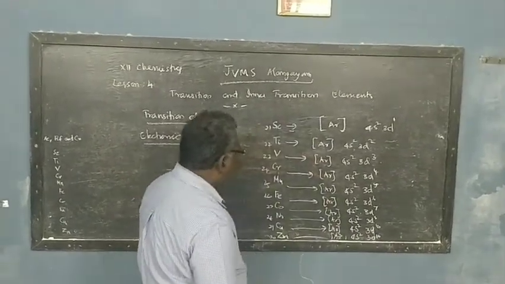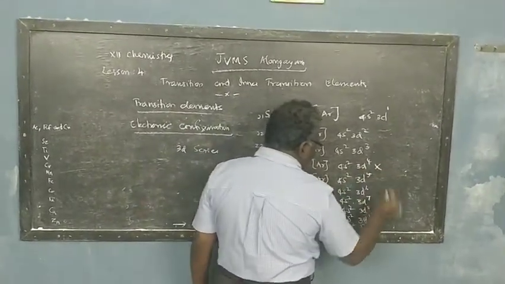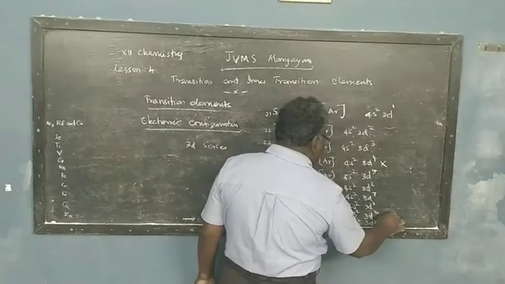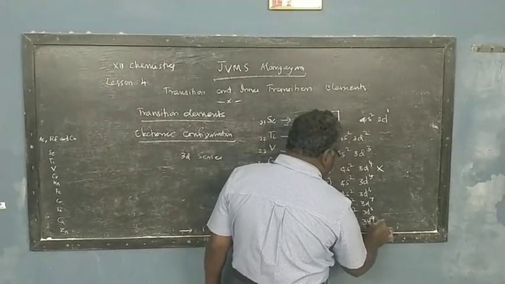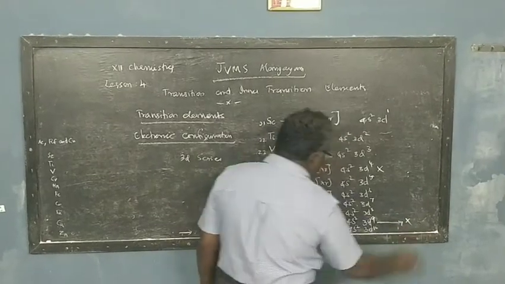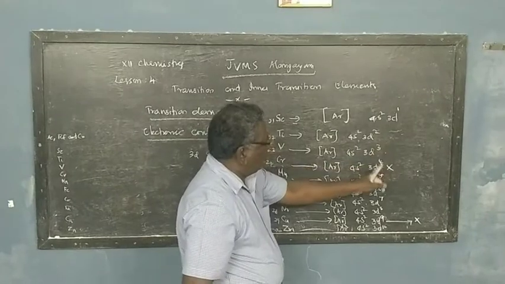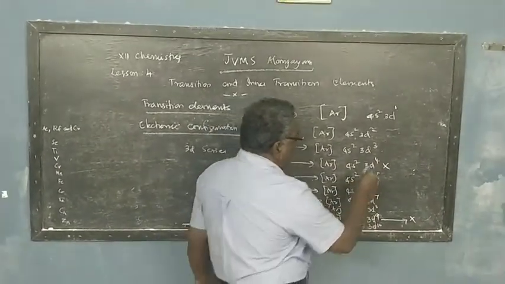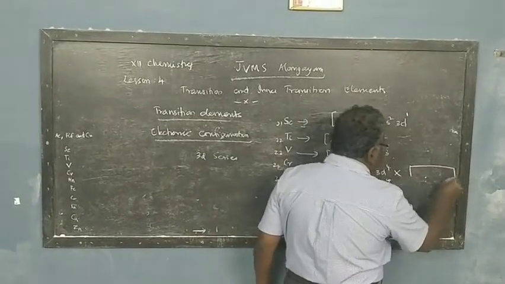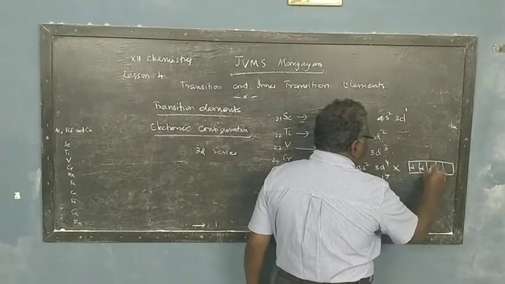So in this, the chromium electronic configuration is wrong, and the copper electronic configuration is wrong. These two are wrong. In 3d4, if you take the orbital distribution of electrons, it is like this.